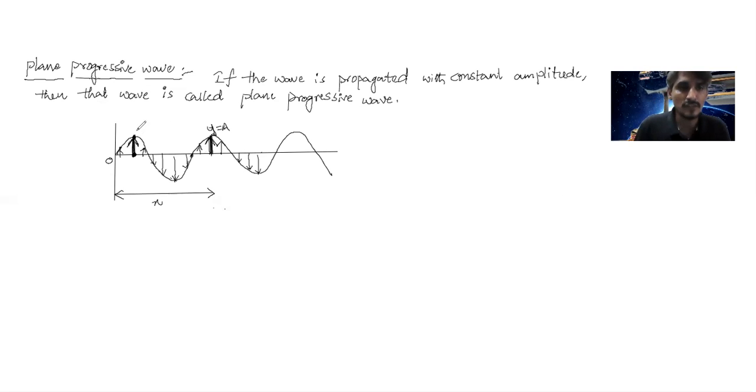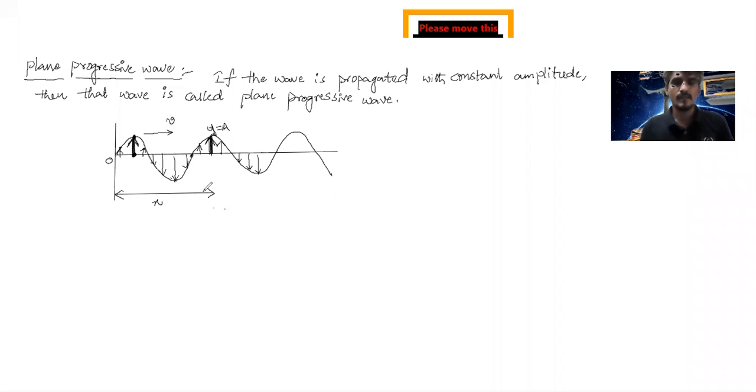Now assume that this wave is traveling with a velocity v. See here, this was the initial position, and the wave is propagating with a velocity v. This is the velocity of the wave. Now from the first position to the next position, what will be the distance?